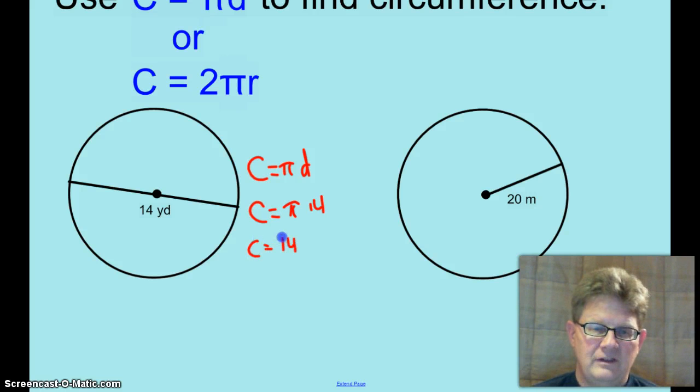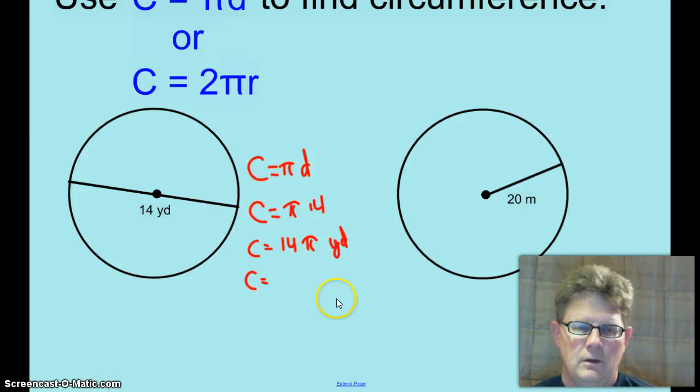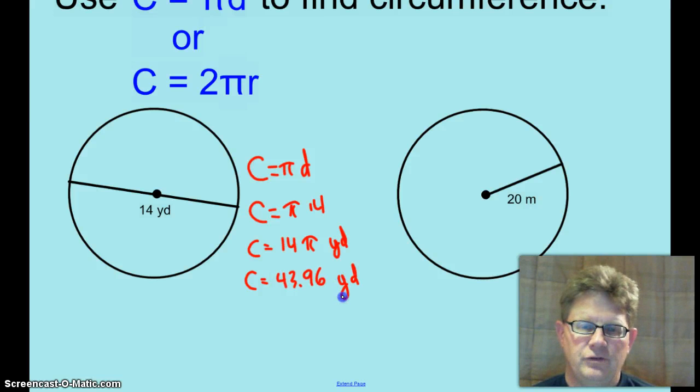Circumference equals 14 pi yards. That would be an exact answer, and then the approximate answer, if you take this pi and replace it with 3.14, you should get the answer of, well, hopefully I did the math right, 43.96 yards. And remember that when it's circumference, you're just talking about a length.